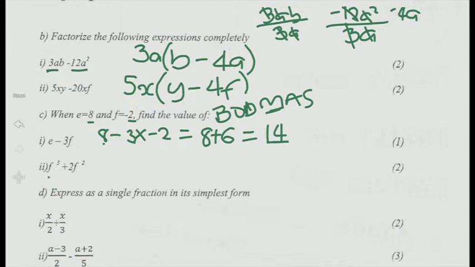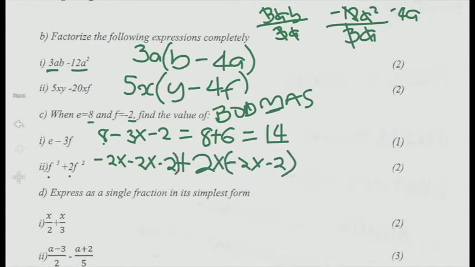We have f to the power 3 plus 2f to the power 2. So f to the power 3, it's negative 2 times negative 2 times negative 2, plus 2 times negative 2 times negative 2. This is to the power 3, and this is to the power 2. So negative 2 times negative 2 will give us a positive 4.